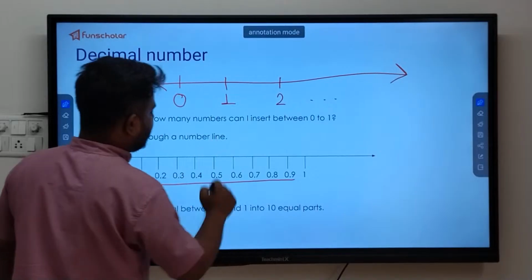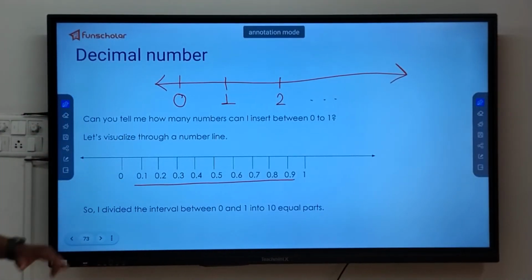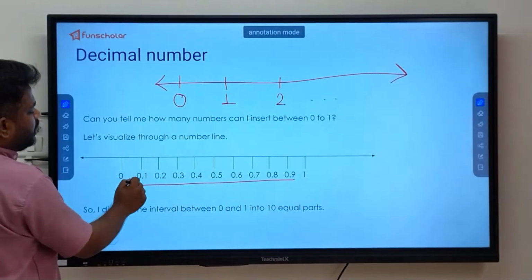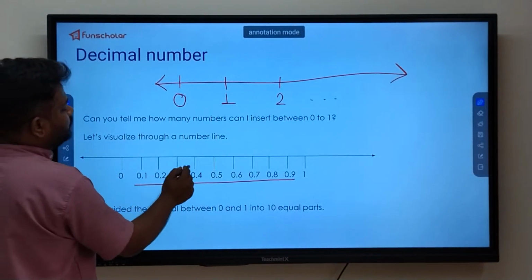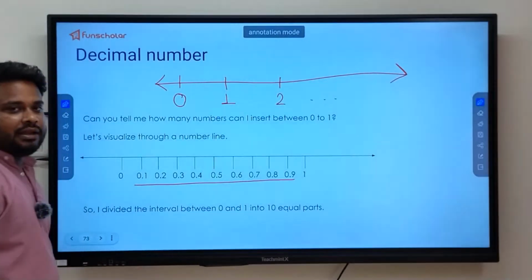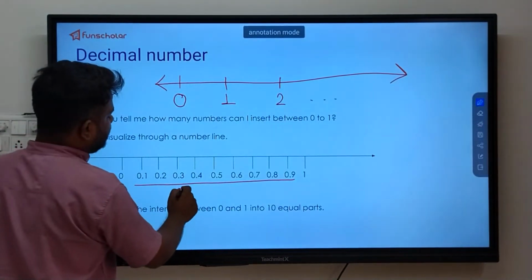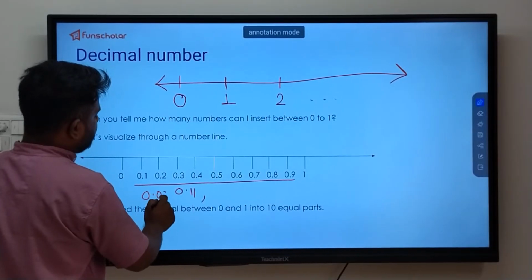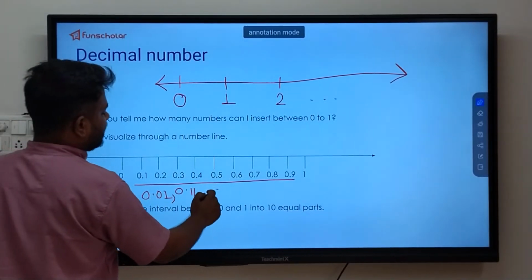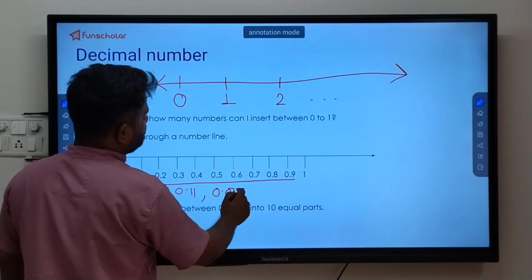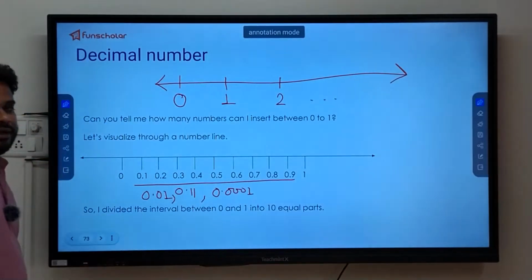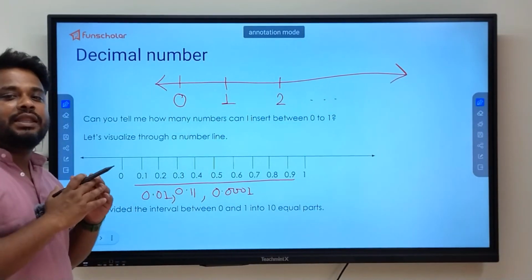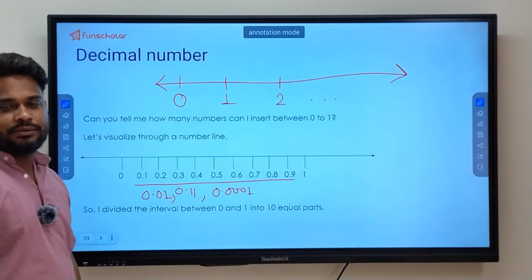Like they have written it here, from 0 to 1 we have 0.1, 0.2, 0.3, 0.4, 0.5, 0.6, 0.7 and 0.9, but yes, 0.11 will also be here, 0.01 will also be here, and 0.0001 will also stay here. So from 0 to 1 there will also be infinite decimal numbers.